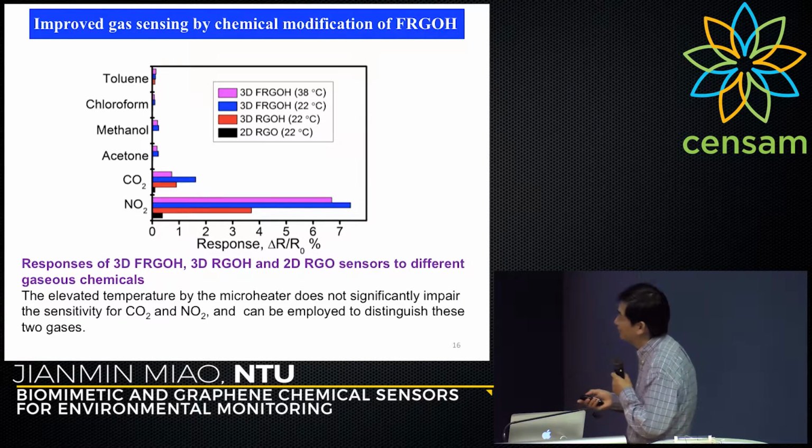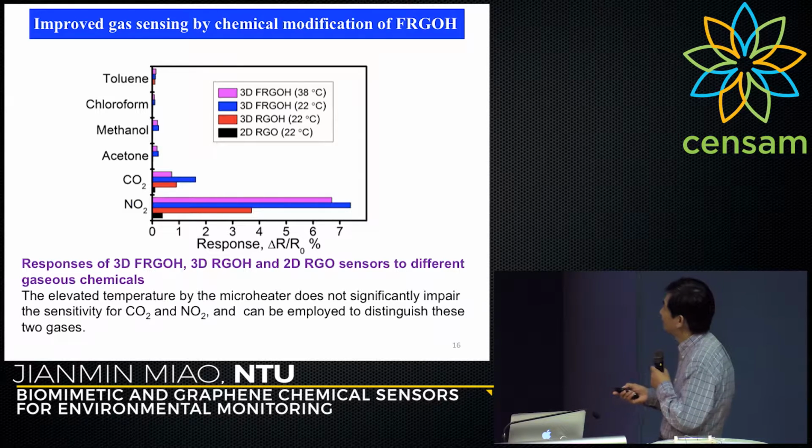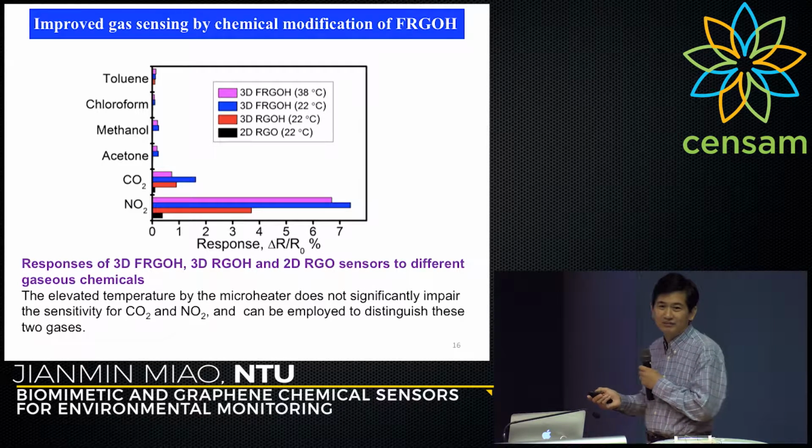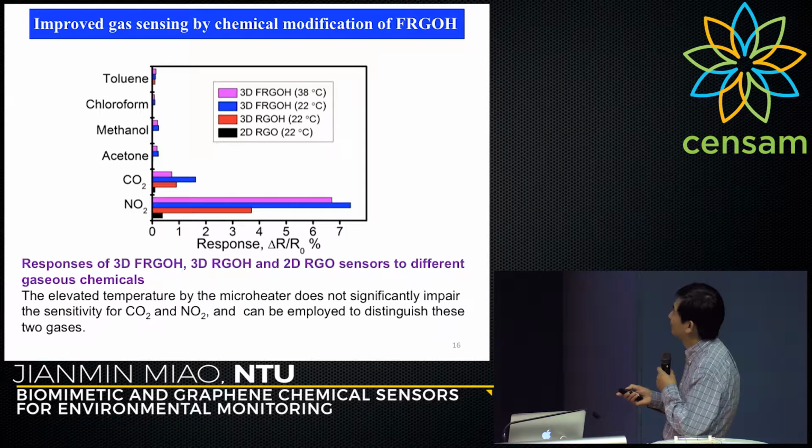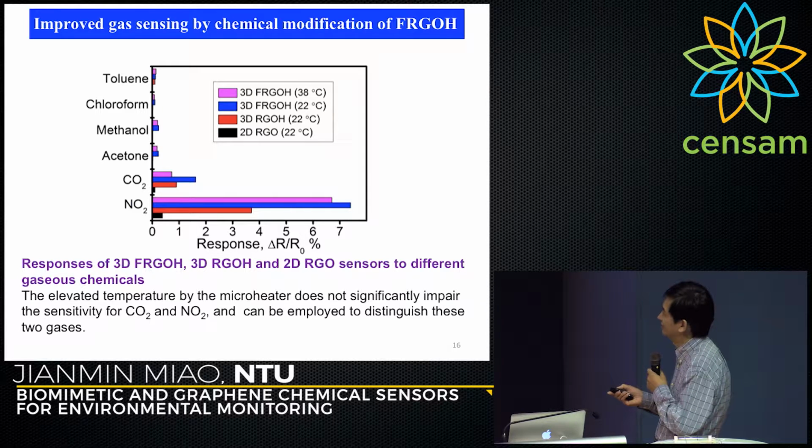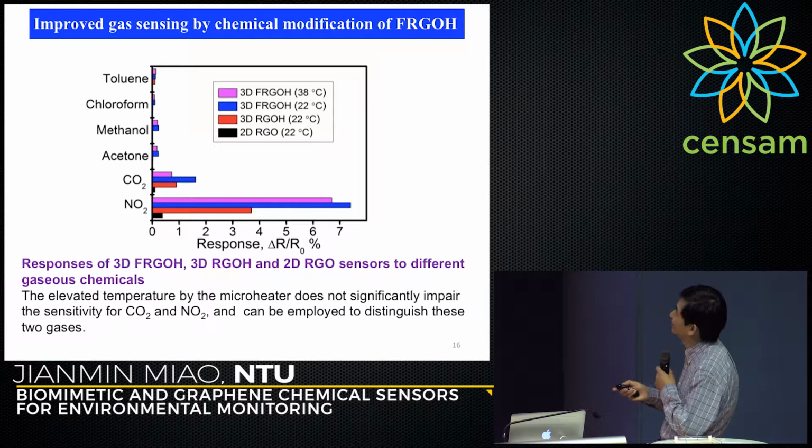As I mentioned before, we started about 2 years ago with a graphene-based concept for gas sensing. Previously we used 2D RGO, reduced graphene oxide, outside the sensor. Then we moved to 3D RGOH. Now we use the functionalized 3D, and you can see the sensitivity increased a lot.